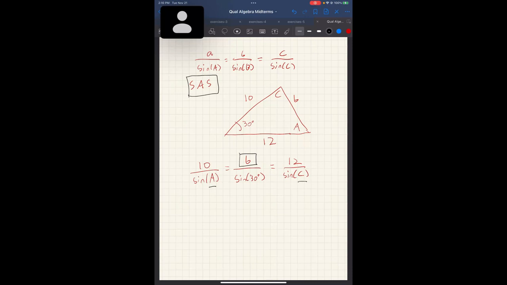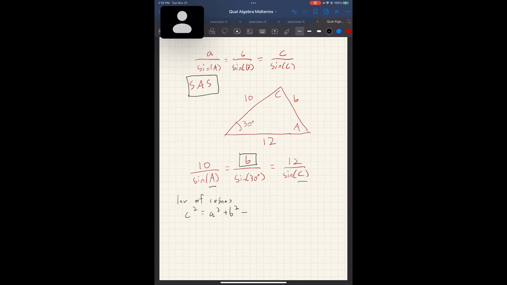Now, the law of cosines starts out a lot like the Pythagorean theorem. So if we remember, the Pythagorean theorem is c squared equals a squared plus b squared. Now the law of cosines starts out like this.